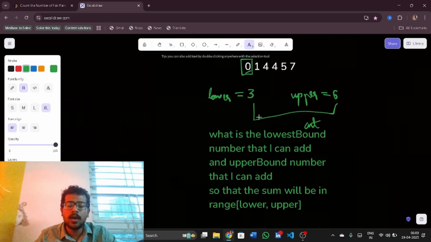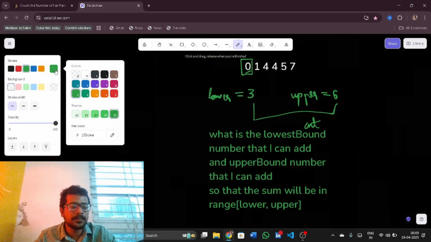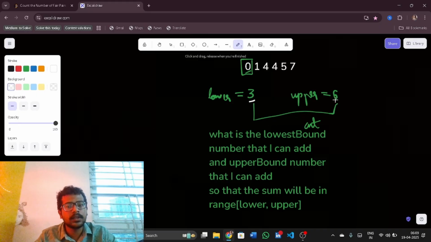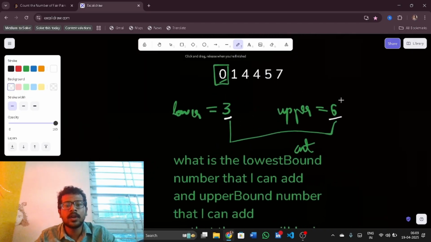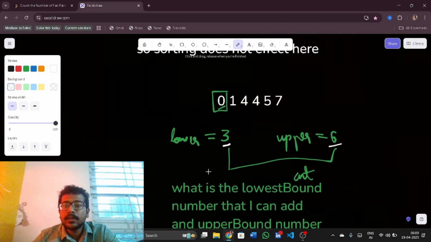Now let us see what I am actually doing. Take this lower which is 3, take this upper which is 6. What is the lowest bound number that I need to add to 0 so that I will be in the range of lower and upper? If I add 3, then I will be in the range, right? 0 plus 3 gives 3.